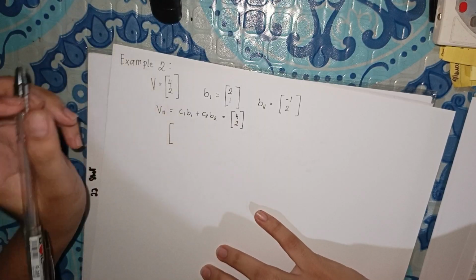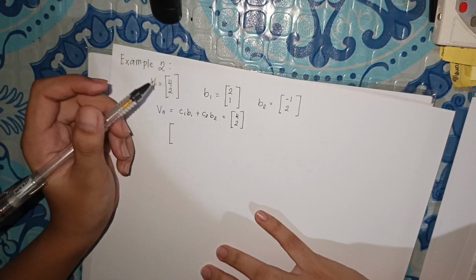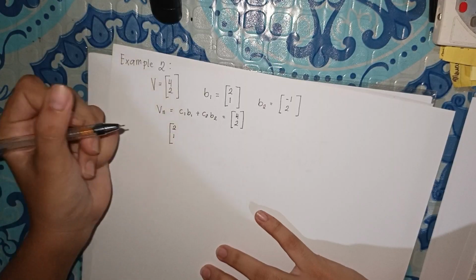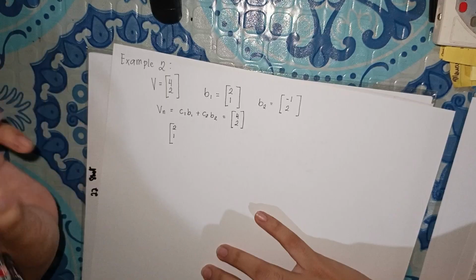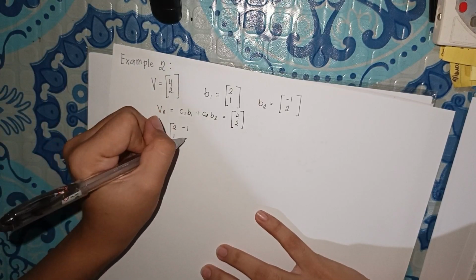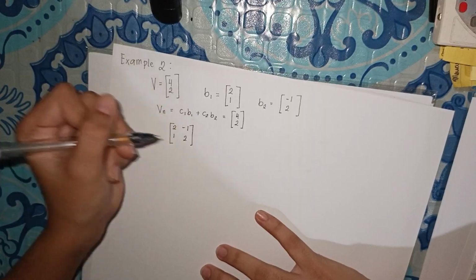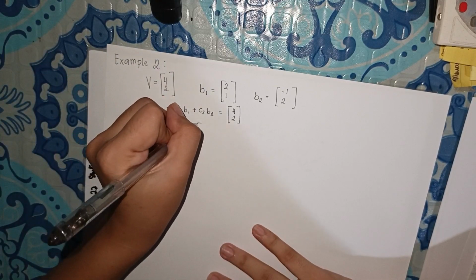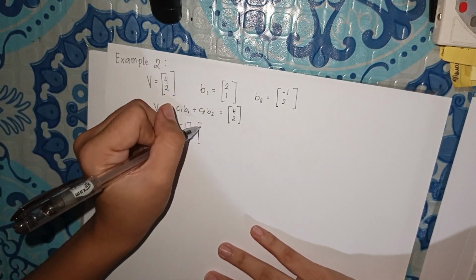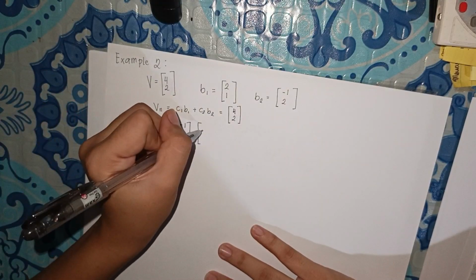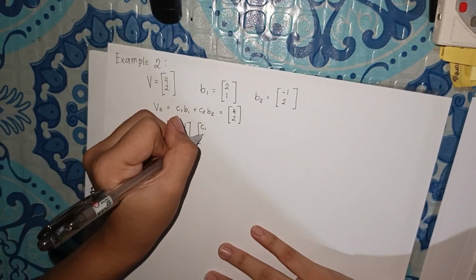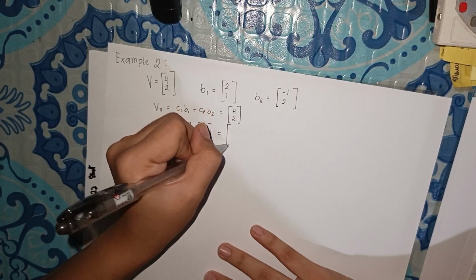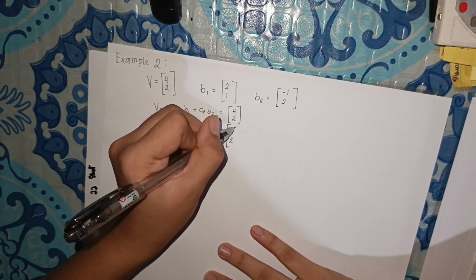So substitute basis 1, which is 2 and 1, and also substitute basis 2, negative 1 and 2. So atong i-combine ang basis 1 and basis 2, atong i-multiply nila ang scalar 1 and scalar 2 is equal to 4 and 2.